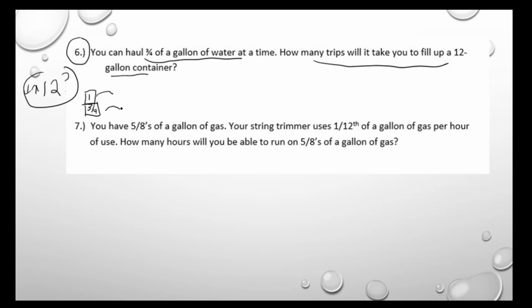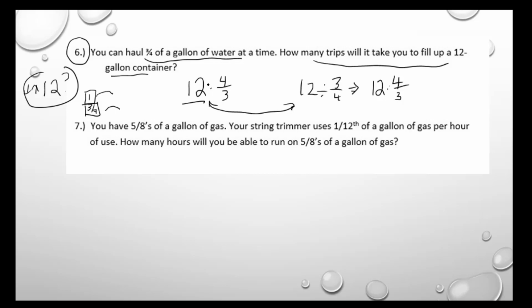So it's going to take you more than 12 trips. You can do 12 times 4/3, which is going to give you more than 12, or you can do 12 divided by 3/4, which is the same thing as 12 times 4/3. So either one of these perspectives is correct.